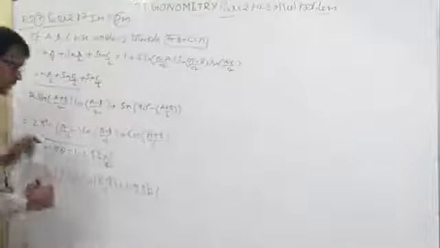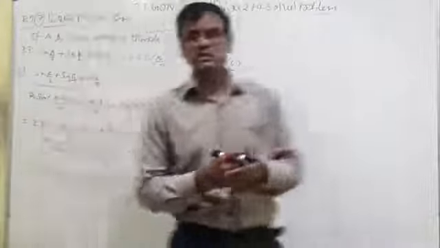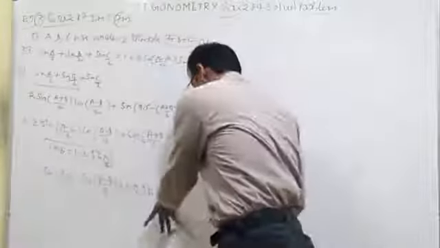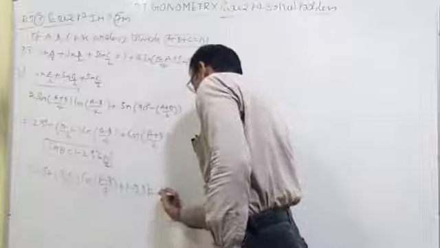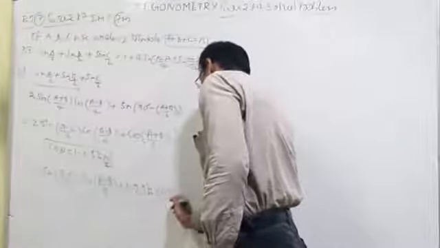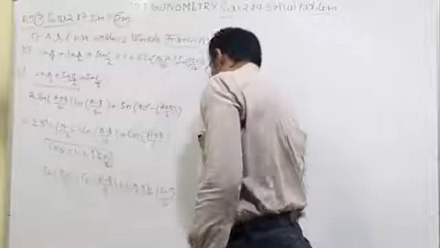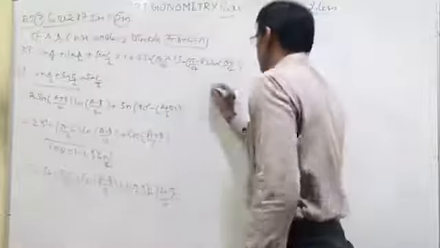Because it is a multiple angle: whenever cos 2a is there, it is 1 minus 2 sin square a. Now you can write 1 minus 2 sin square (A plus B) by 4.